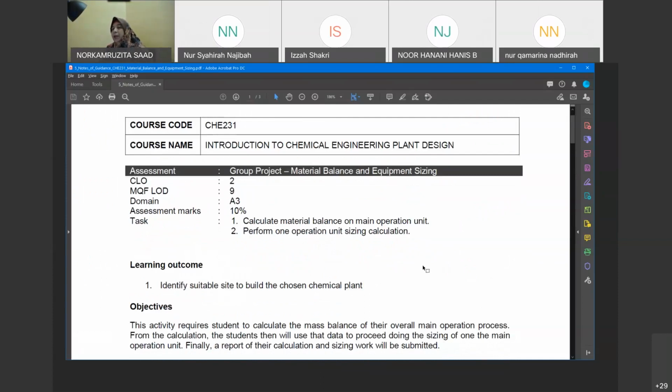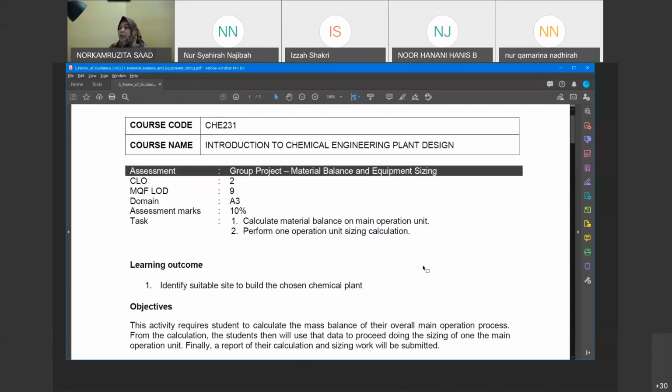Your task is to calculate the material balance for the main operation unit, and we have decided that for material balance, you're going to focus on the separation unit only.